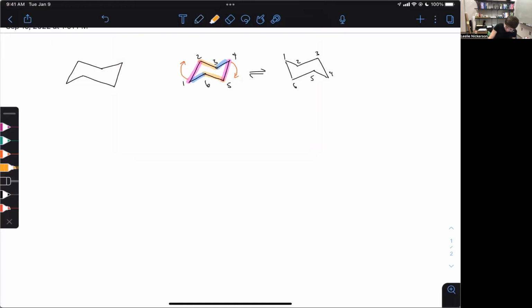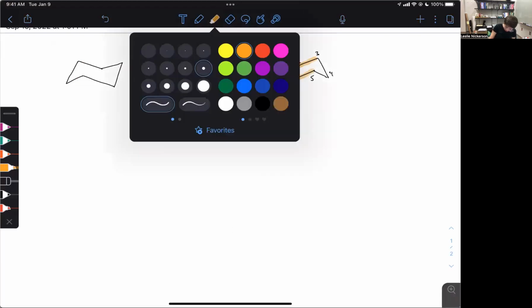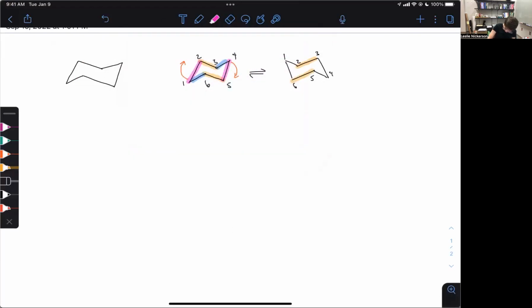So the 2-3 bond here, 5-6 bond right there. Sorry, that's the 4-5, 1-2. And then here. So you can see where those things moved to.